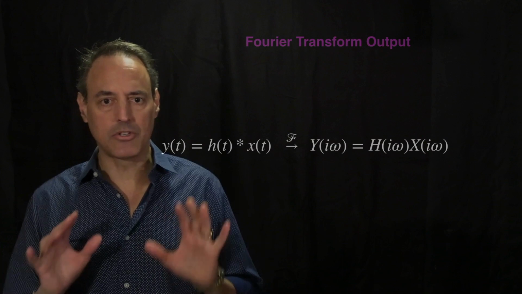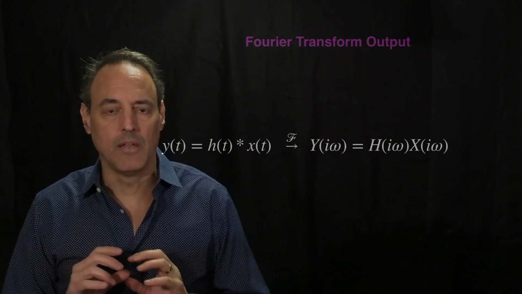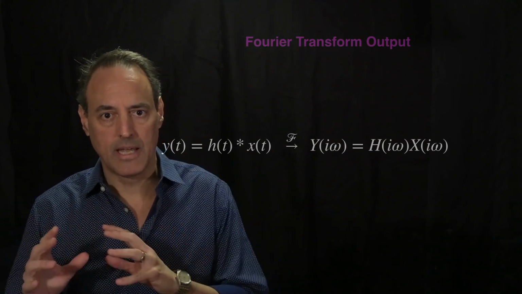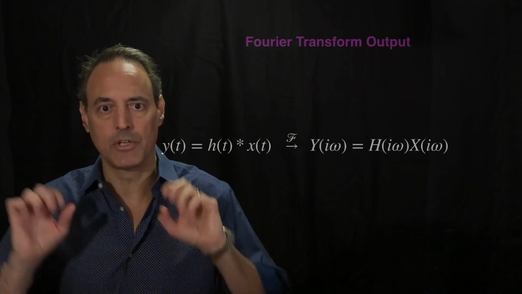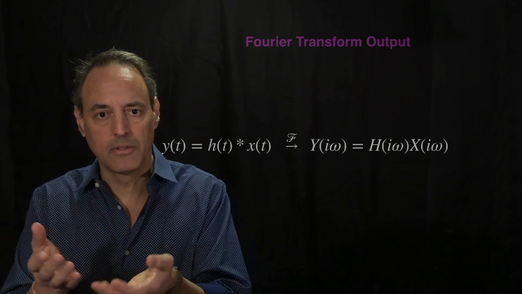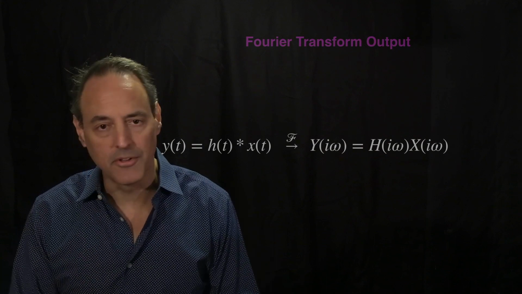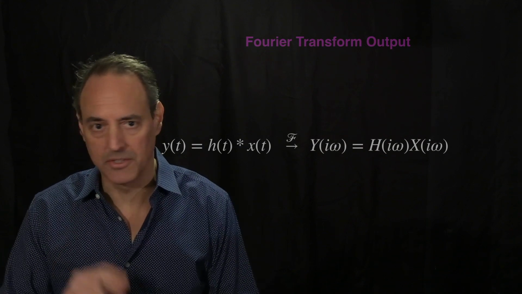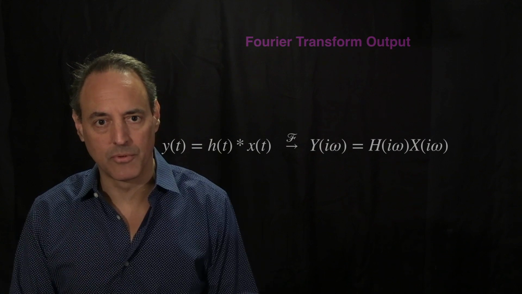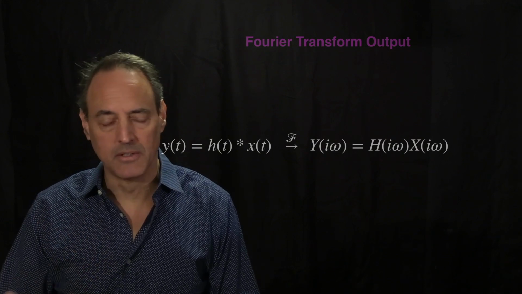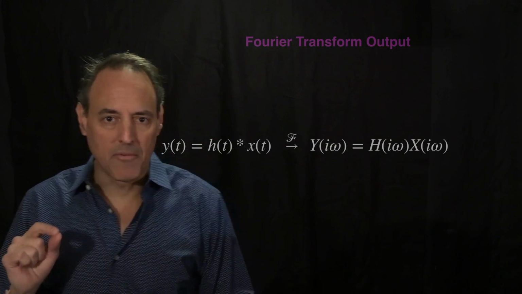So think about how I'd solve this then. If I had a fundamental response h and the signal x, I'd Fourier transform both, multiply them together, inverse Fourier transform. You're done. I don't have to do any of these complicated convolution integrals. I just multiply two Fourier transform pairs together and I'm done. So this is really a powerful concept, right?